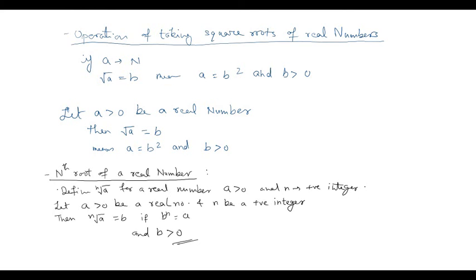Now we need to remember some identities, some formulas that will help you in solving the numericals. So there are some identities. We are given two numbers, suppose a and b are positive real numbers.